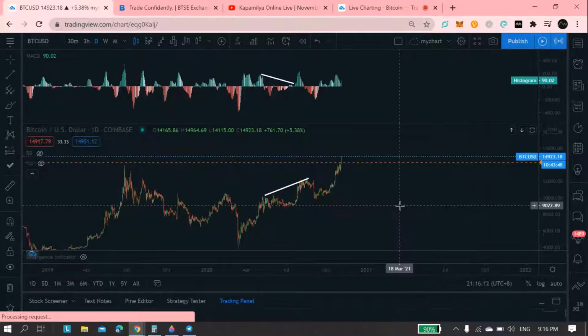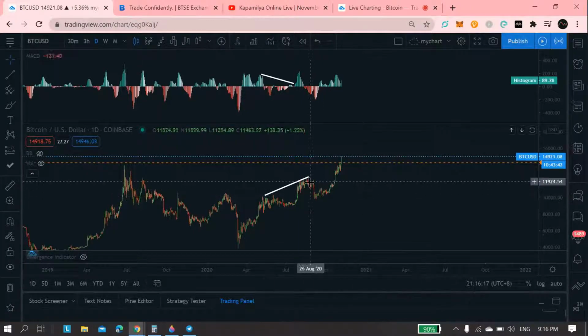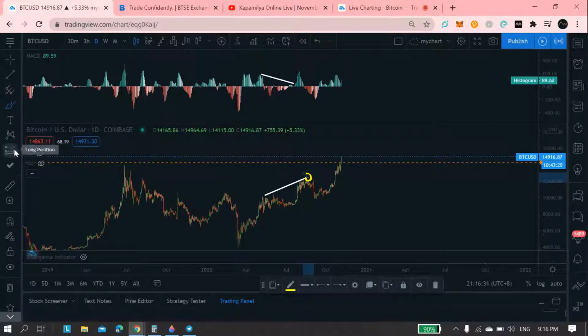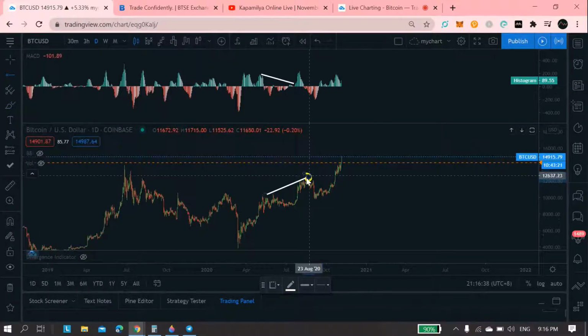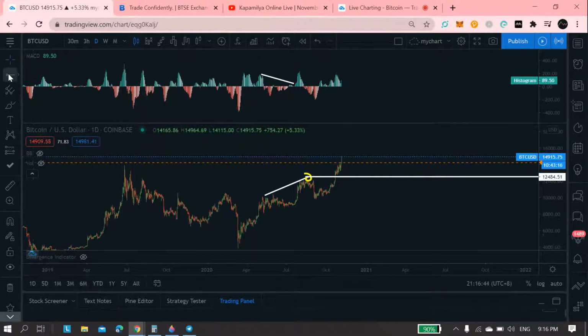So possibly I will enter around this area, because this is the high, and it did not retest that area. So my possible entry if I go short is here; this will be my resistance or stop loss, and this will be my TP area, the previous peak.